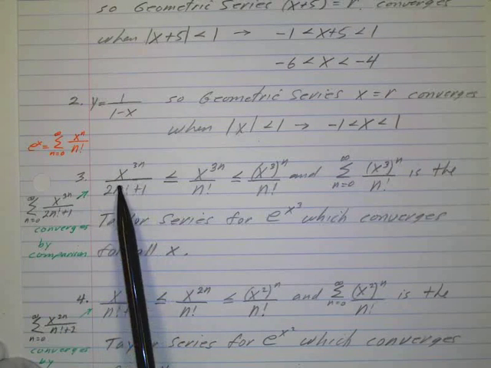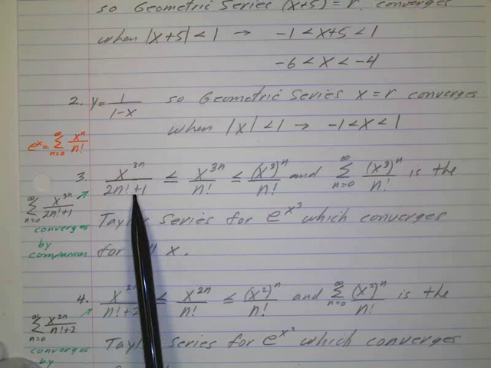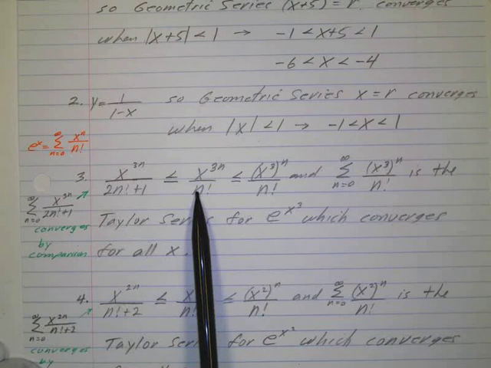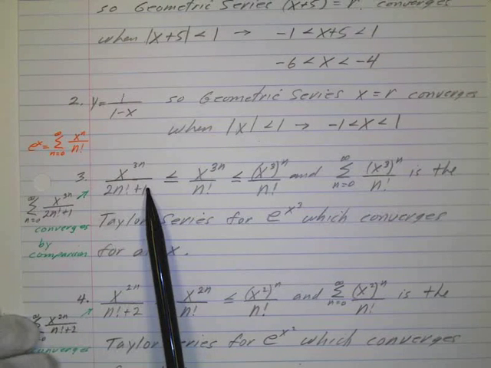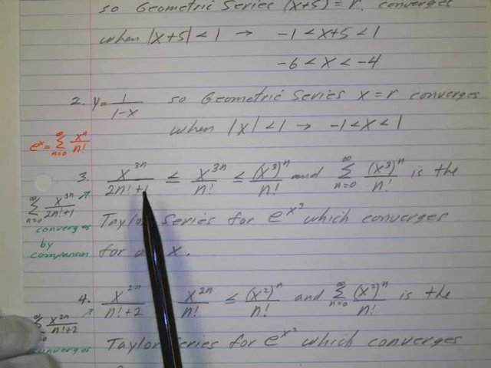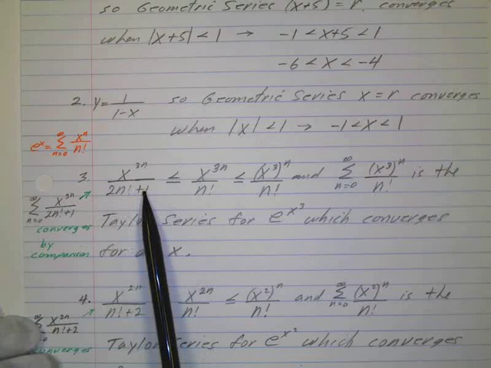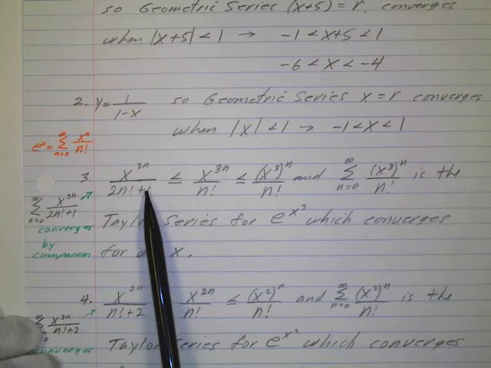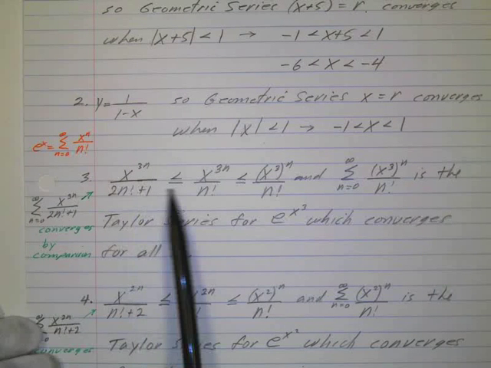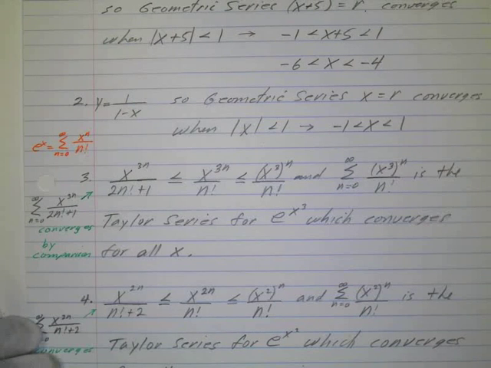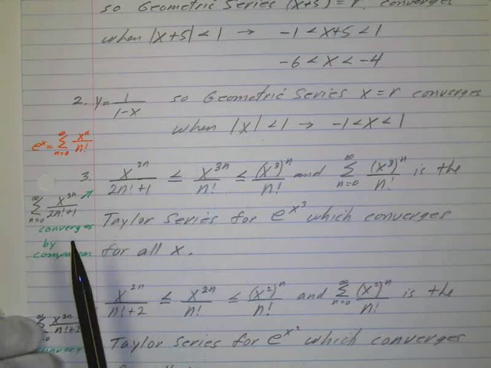summation, and I know that this is going to be x to the 3n over 2n factorial plus 1 was going to be less than or equal to x to the 3n over n factorial. Okay, because this makes the bottom larger. So if I subtract that, it's going to make the bottom smaller, which will make the fraction larger.